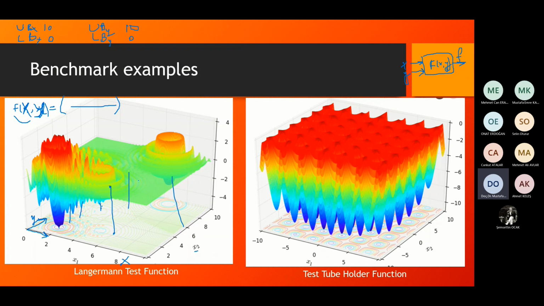After taking so many samples, you find out this function is minimized if the x value is 3.86 and the y value is, let's say, 4.7, and the minimum value is whatever the value is in here.